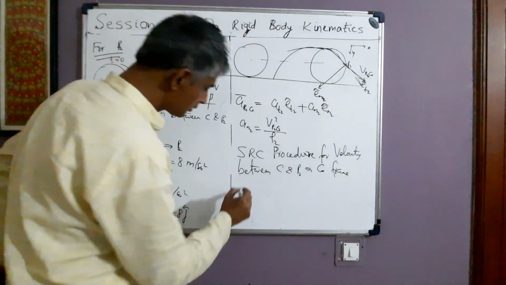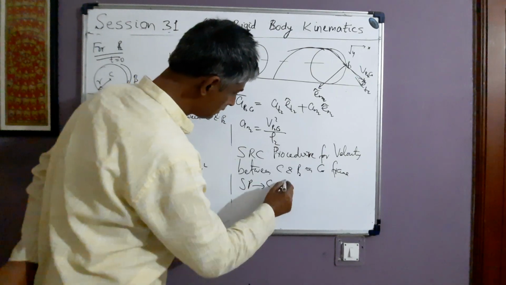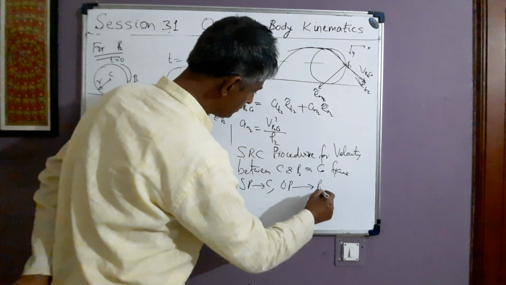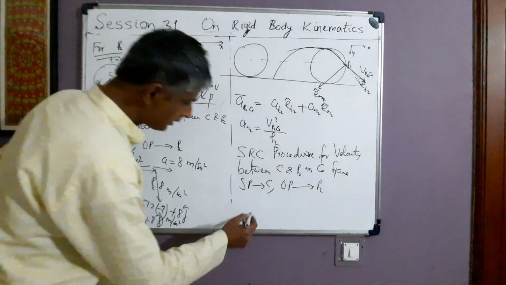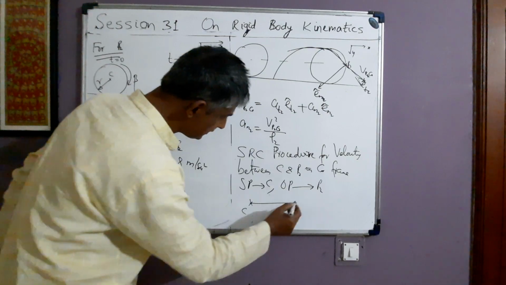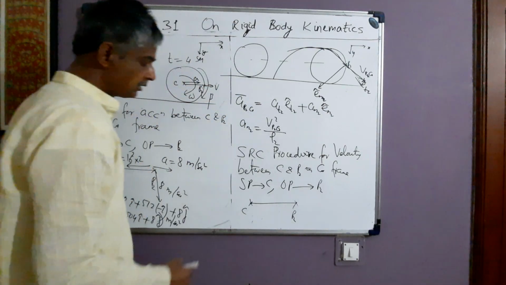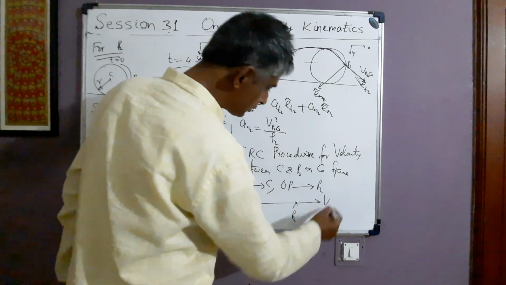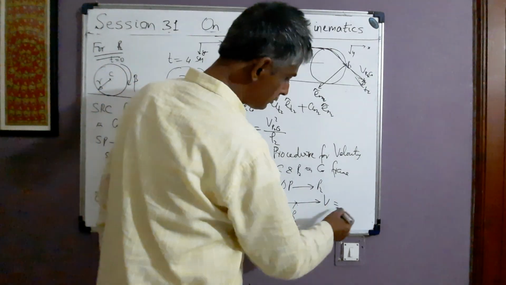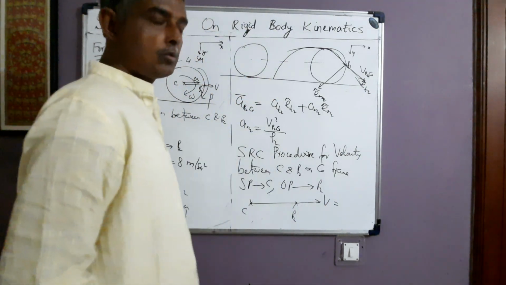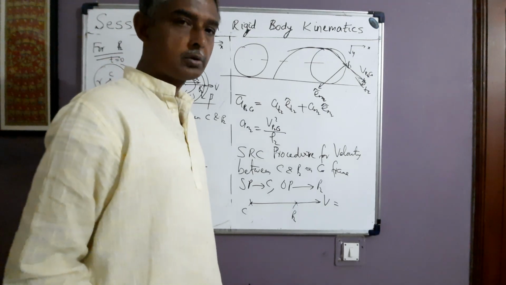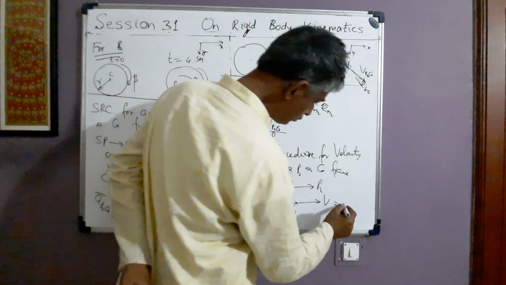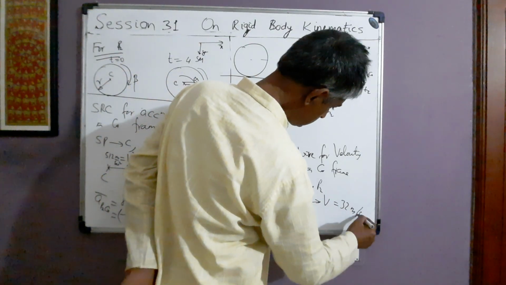So SP arrow C, OP arrow P2. I draw the line joining SP and OP, that is C and P2. Then I give the speed of the selected point C to P2. Speed of C is V rightward, so I give V rightward. V is equal to R omega. R is 2. Omega is how much? Beta T. 4 into 4, 16 into R 2, 32 meter per second.